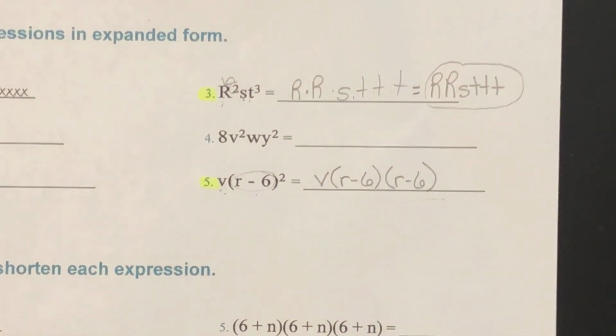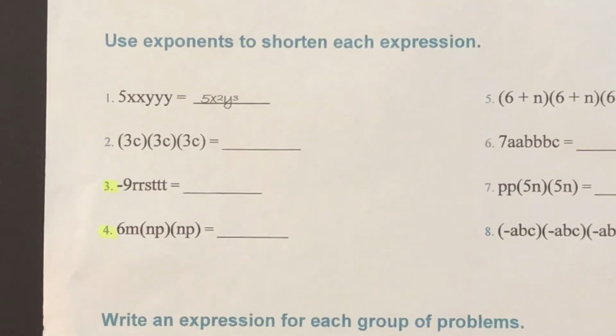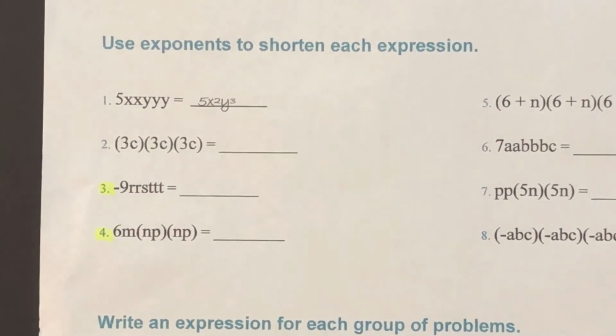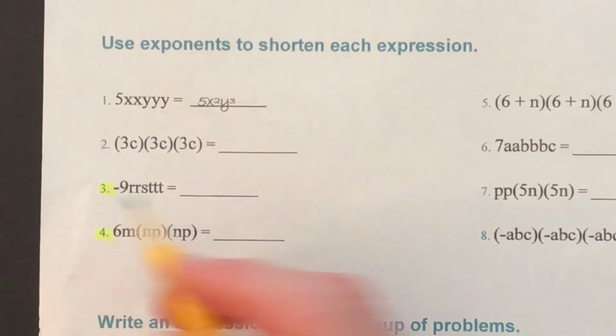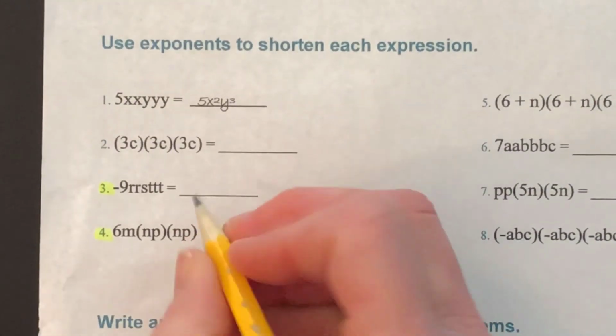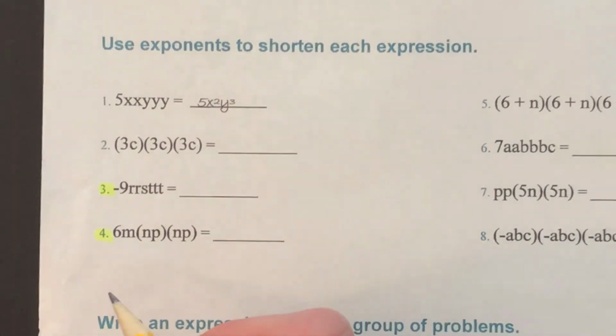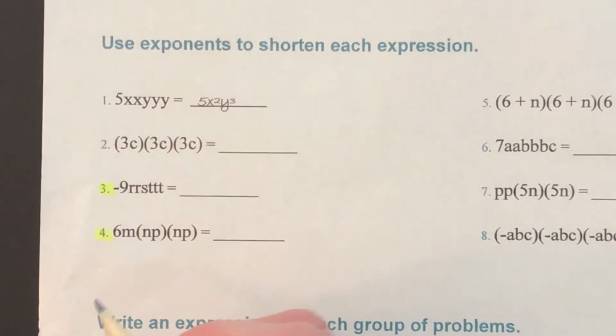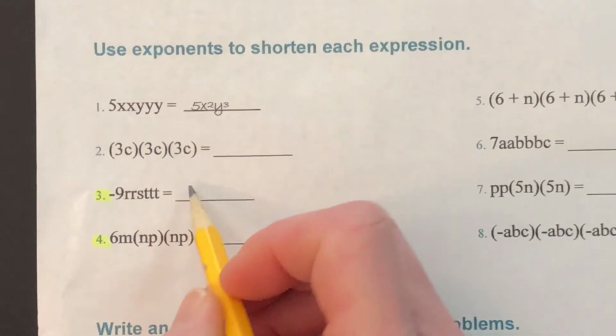The next section we do the opposite. We are writing them in exponent form. Number 3, we're doing number 3 just because it's negative and it's a good example of the others. Anyhow, I don't think that you really need any help with this. You can look at the example. It's very similar to number 3.